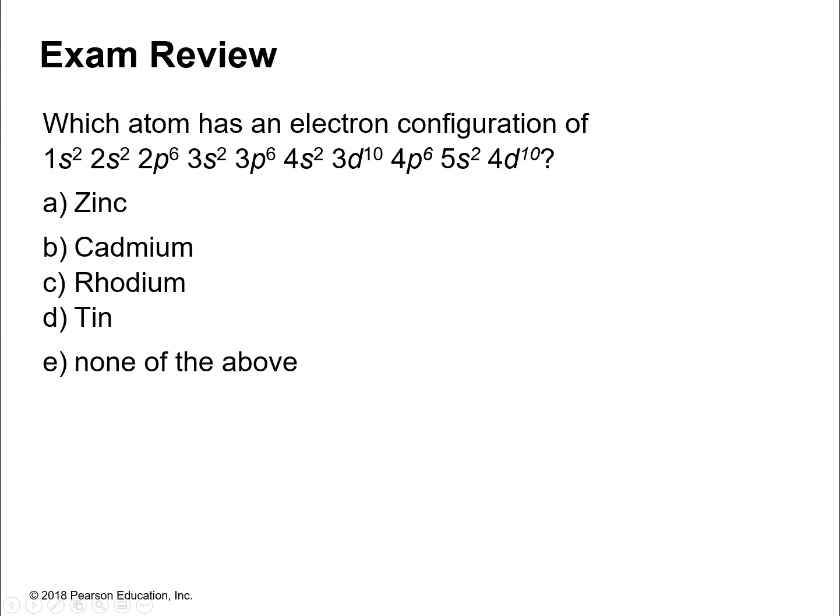Which atom has an electron configuration of, and then you've got this long configuration here. So using your understanding of the periodic table, tell me which one it is. Everyone who's chimed in so far has said B. I'll give another few seconds for those who are still trying to figure it out.